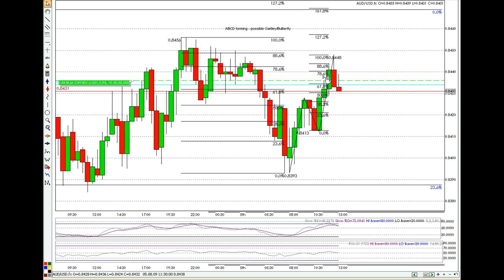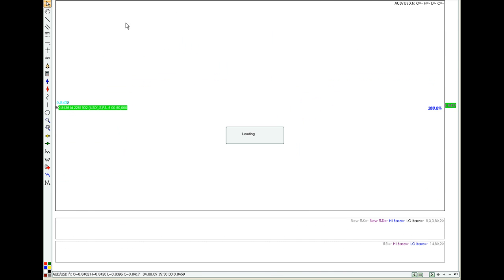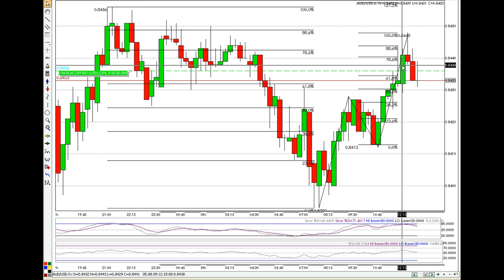How I entered was I went back to the 15 and I looked and said, okay, we have an inside bar here. This was the candle, and at the time it was green, so I just put my entry a little bit, 2 pips, below this candle. This still gives me some room to breathe.